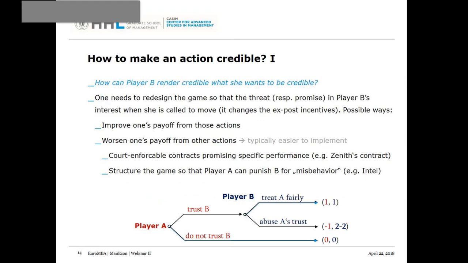for misbehavior. And I would like to give you an example, and this has to do with Intel. They developed their chip 086, and they were supposed to get some partners. So they wanted to have some firms developing hardware and software that will be compatible with this chip.